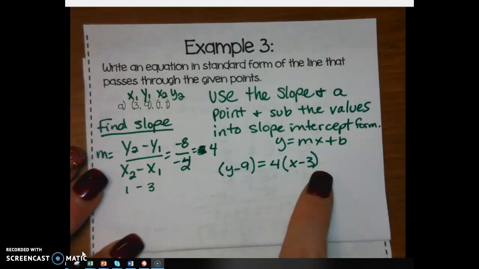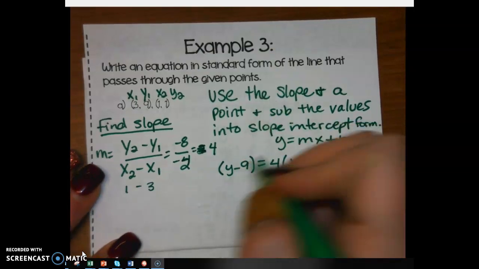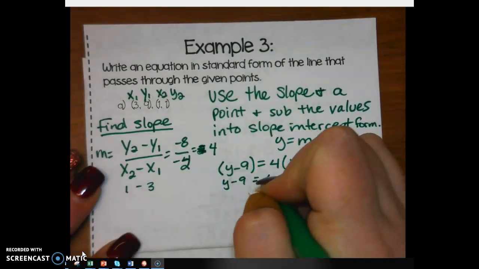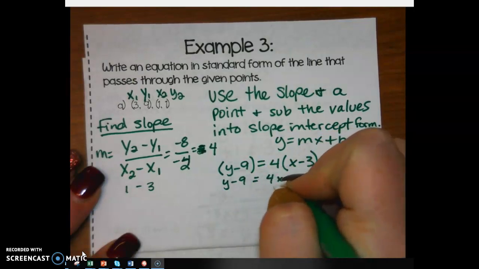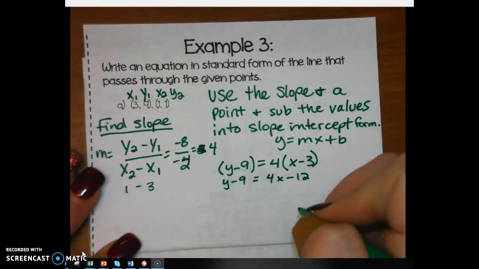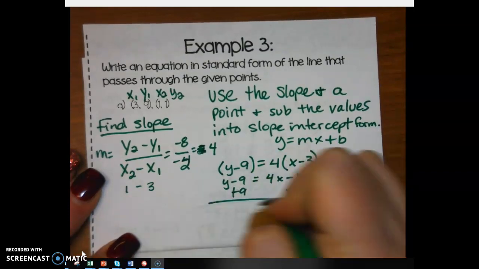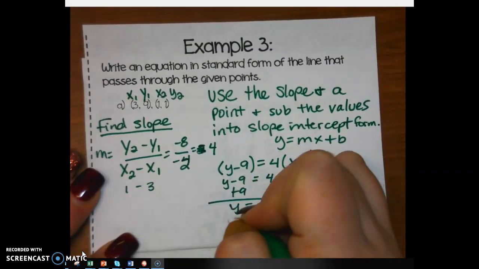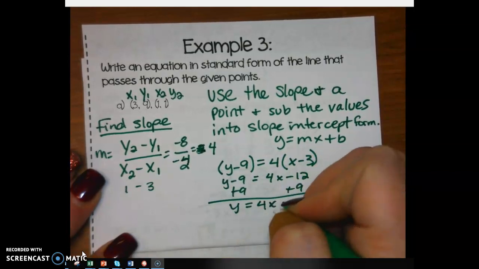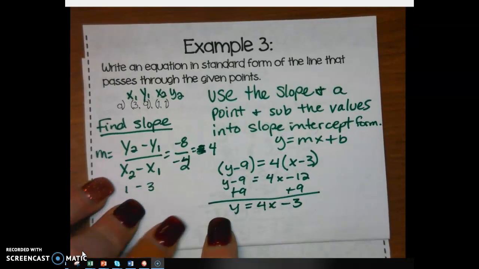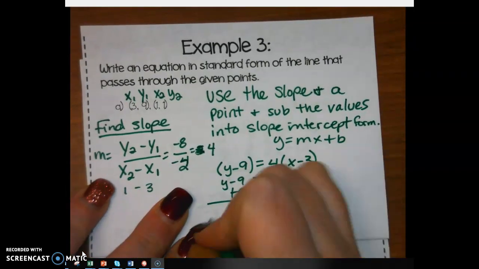So now we can distribute over. Okay? So we're going to get y minus 9 equals 4x minus 12. So we're going to add 9 plus 9. Y equals 4x minus 3. We've got to move our 4x over, and it's going to be negative.